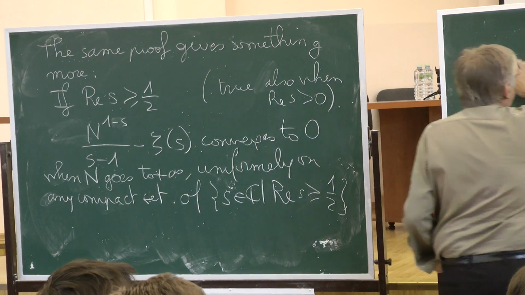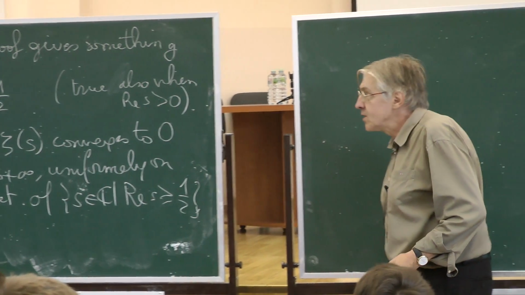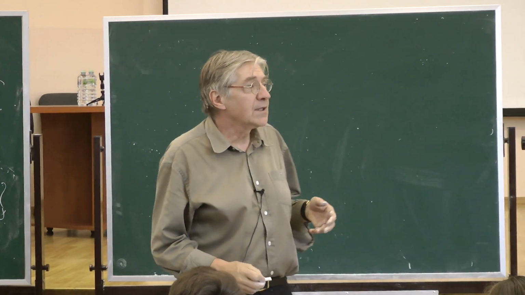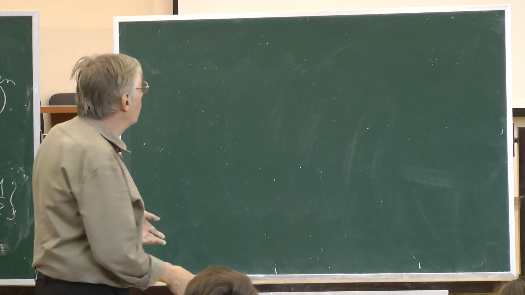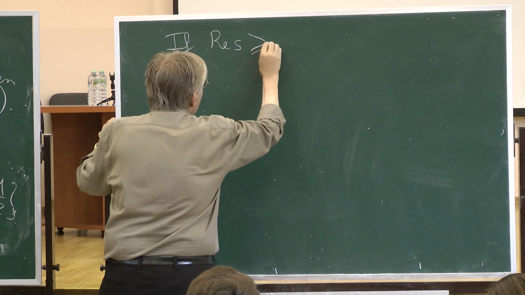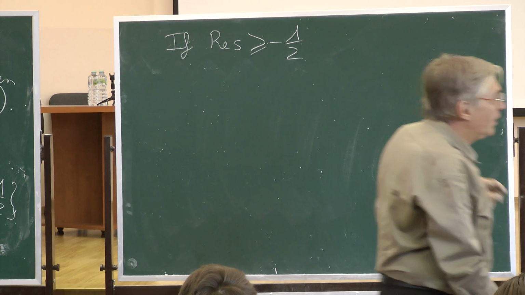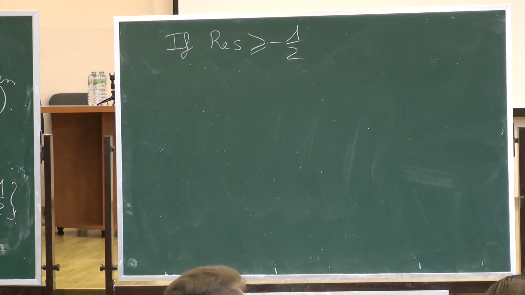Now, if on the other hand I assume that the real part of s, this does not allow us to reach the point 0. If I want to reach the point 0, I have to get a statement which is valid when the real part of s is larger than or equal to minus 1/2. When I take this, in fact, I have to take this term, this term, this term, and only from this term on, I know that in fact my upper bounds are valid and that they go to 0 when n is going to infinity.